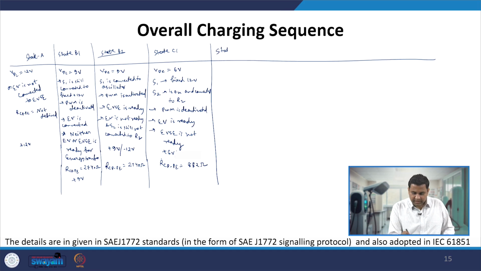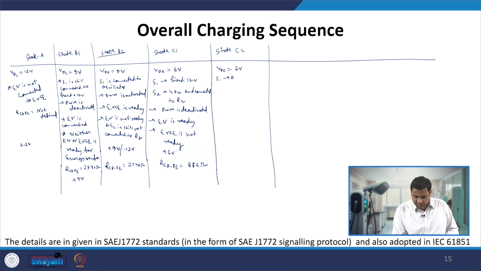Then comes our state C2, where our VDC is nothing but 6 volt. S1 is connected to oscillator, S2 is on and connected to R2.